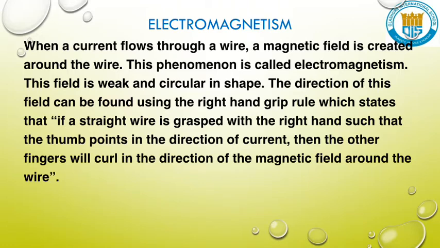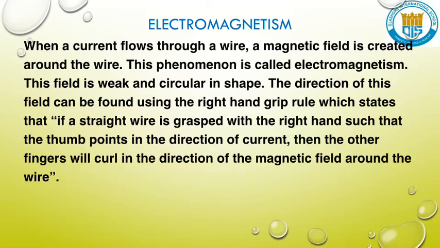Because of that current, there is a magnetic field created around that conductor. When charges move, which is what current is, they create a magnetic field around the conductor in which the charges move.